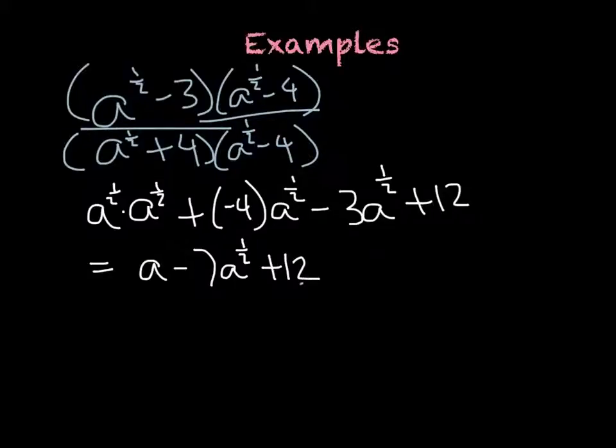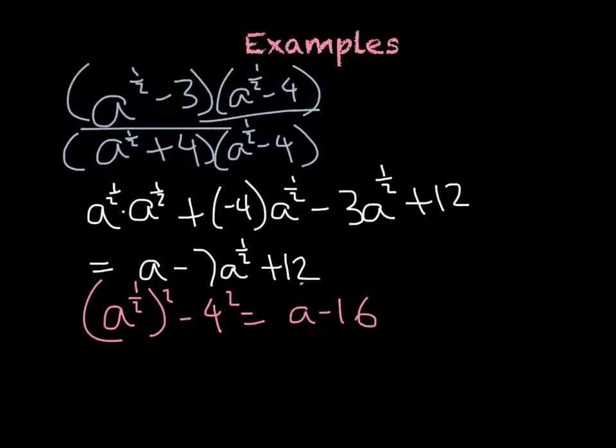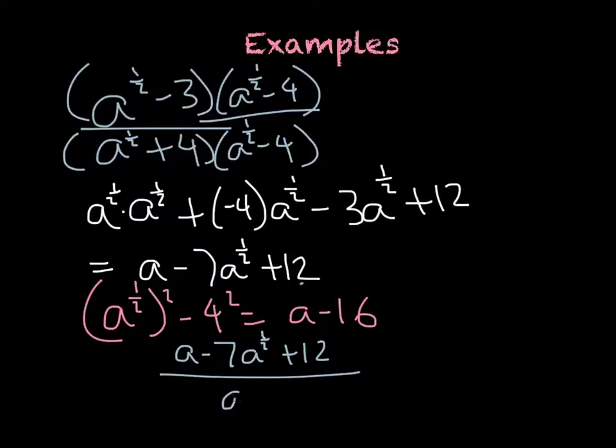And then our denominator is just going to be the difference of squares, so a to the 1/2 squared minus 4 squared, or a minus 16. And that means that our entire thing is just equal to a minus 7a to the 1/2 plus 12 over a minus 16.